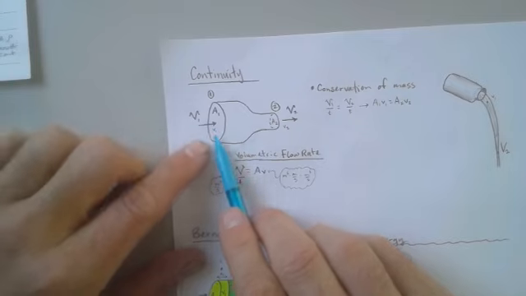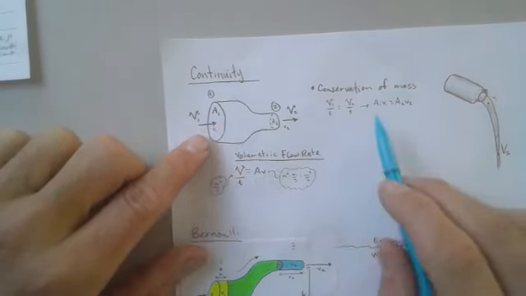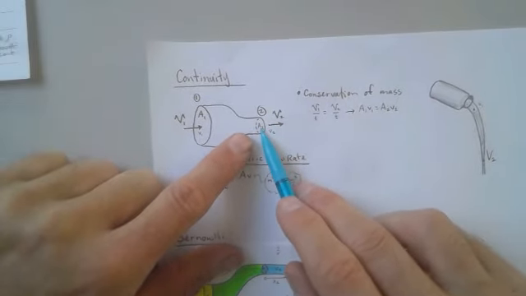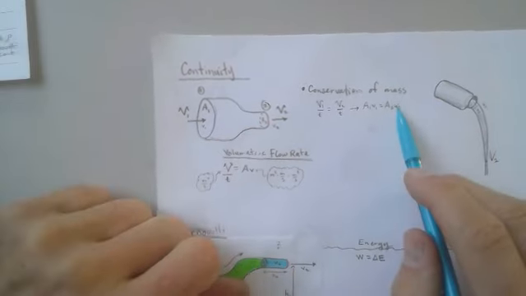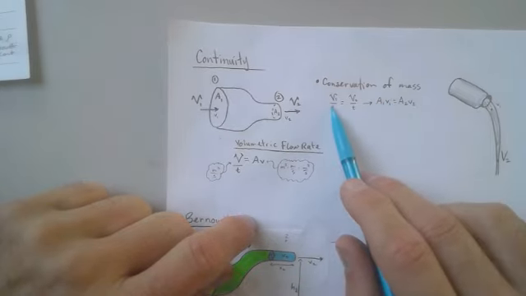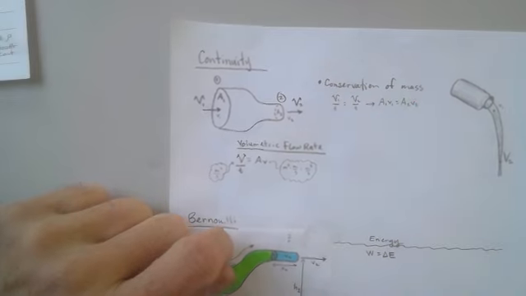The cross-sectional area at position 1 of this fluid flow times the velocity there is going to be equal to the cross-sectional area at position 2 times the velocity there. And this combination is actually volumetric flow rate at position 1, and this combination is actually volumetric flow rate at position 2.